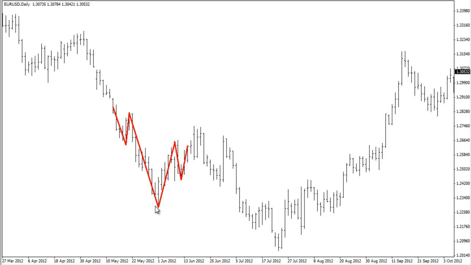So shoulder, head, shoulder, that's low, lower low, higher low, and that shows us the shift in cyclicity here, which makes us think the market's then going to go to the upside.